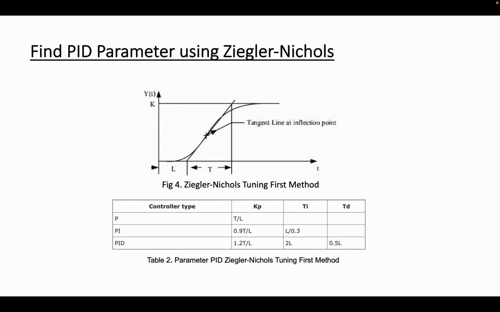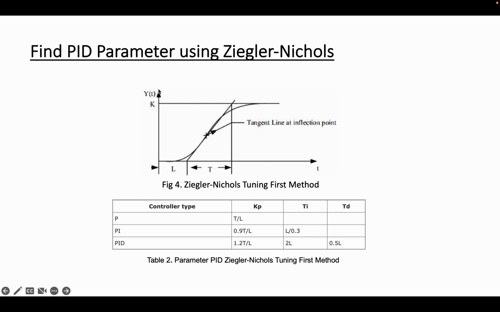So how do we find the PID parameters? For this report, I would like to use the Ziegler-Nichols first method to find the parameters of the PID controller.